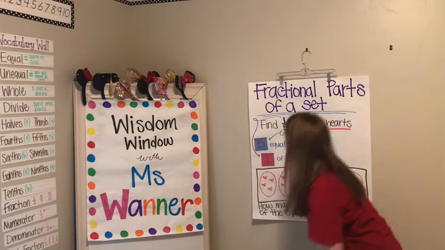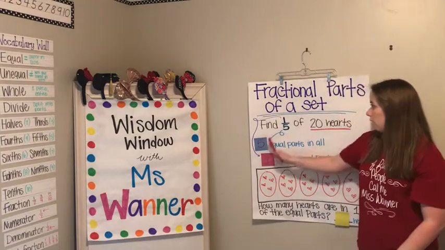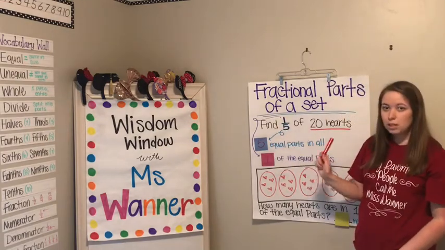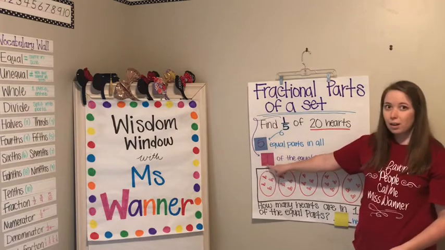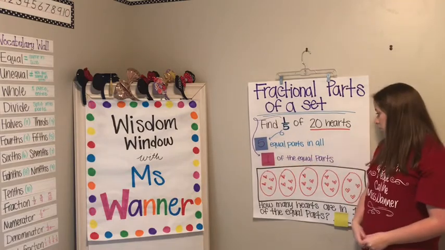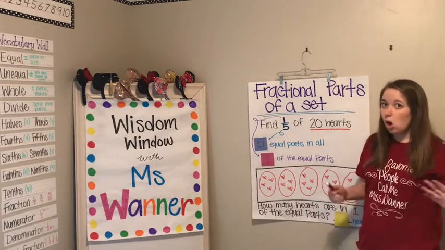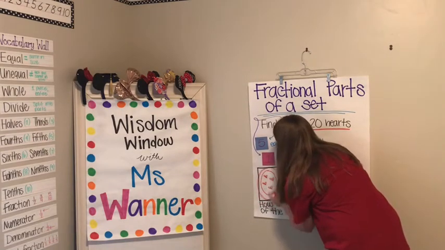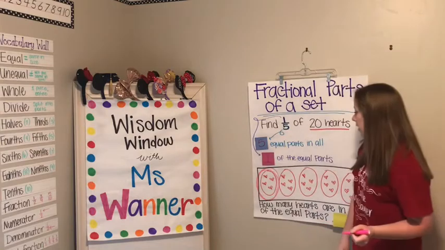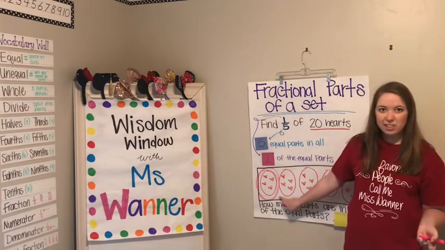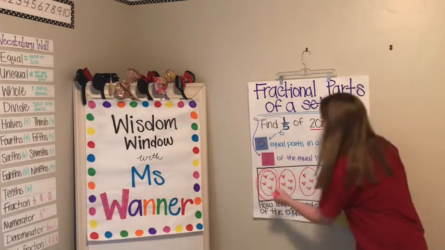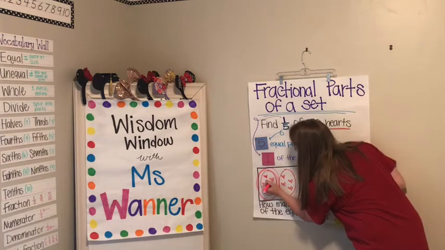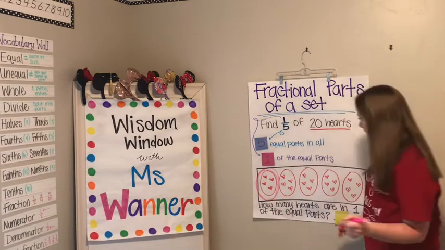So now, to find our answer of 1/5 of 20 hearts, we need to look at one of the equal parts. We can choose any of these because they're all equal, right? I'm going to look at this circle. How many hearts are in that circle? Let's see. There's 1 heart, 2, 3, 4.